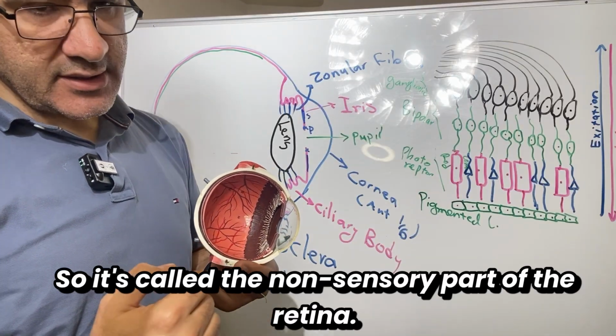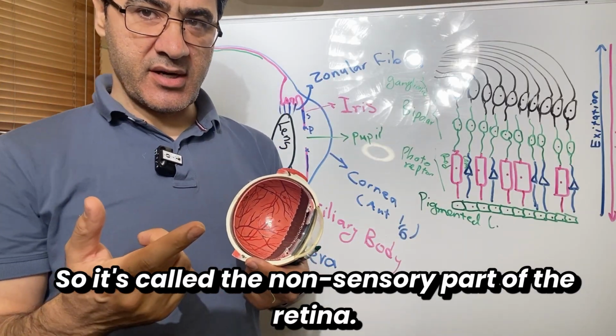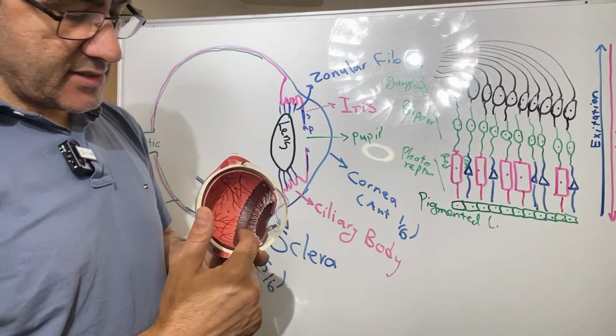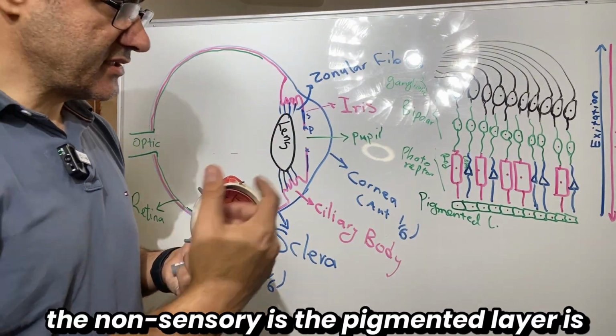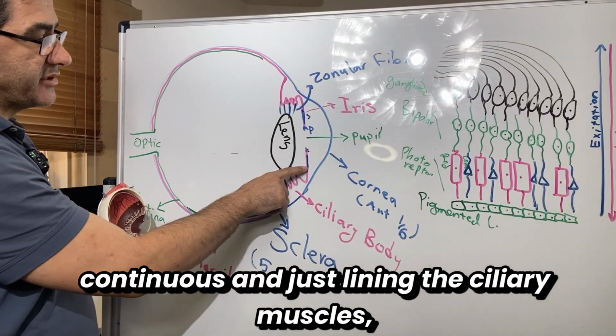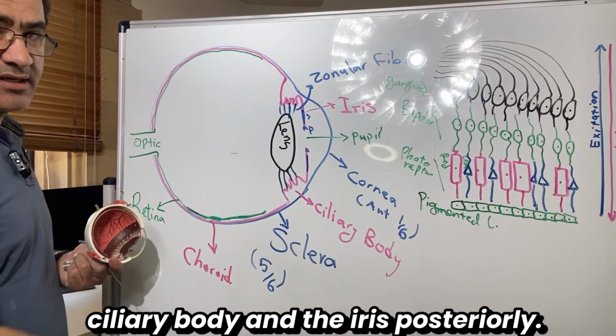So it's called the non-sensory part of the retina. So the sensory part is here, and the non-sensory is the pigmented layer, which is continuous and just lining the ciliary muscles, ciliary body and the iris posteriorly.